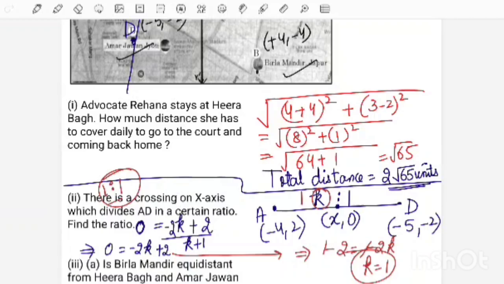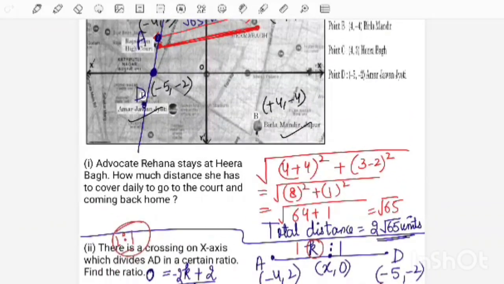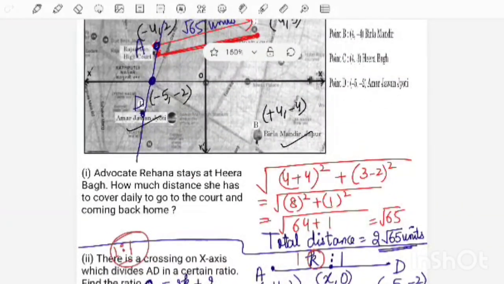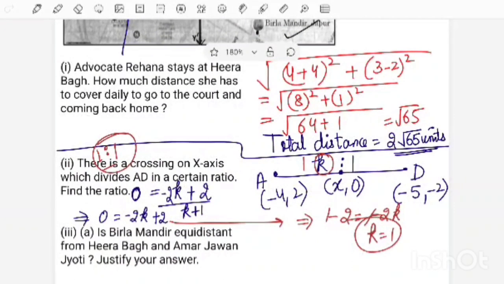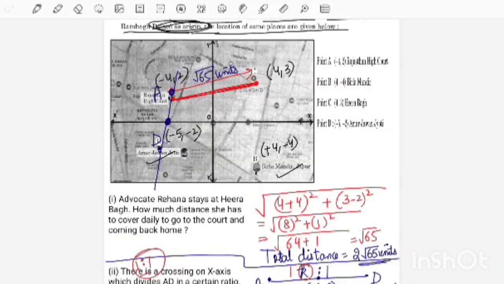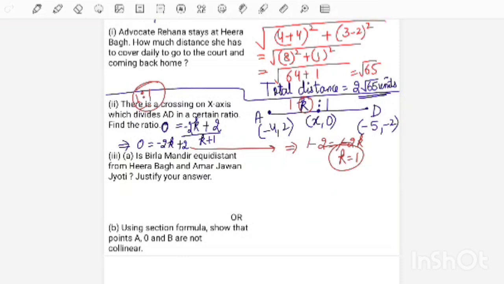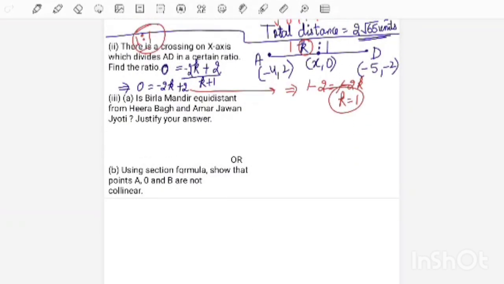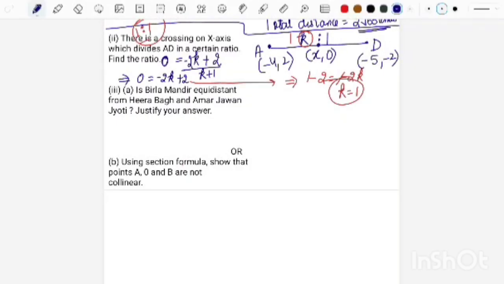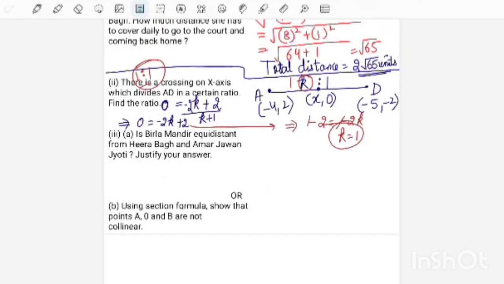Done. Next, third part. Is Birla Mandir equidistant from Hira Bagh and Amar Jawan Jyoti? They are not asking us to calculate the equidistance, they are asking whether they are equal. Let's solve here. Suppose it is Birla Mandir here.